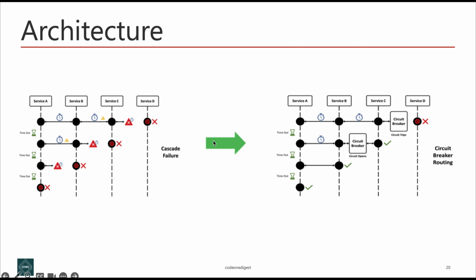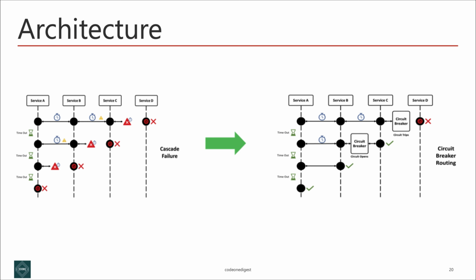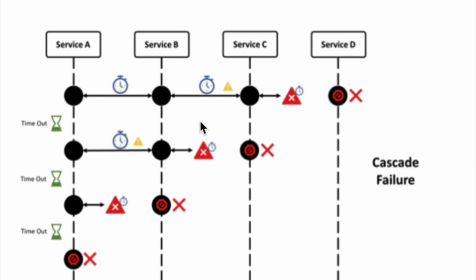Let's understand the architecture and working of circuit breaker pattern with this sequence diagram. On the left hand side, you can see we have service A, service B, service C, and service D. At any moment, if service D goes down, then service C starts experiencing failure and doesn't get a response.